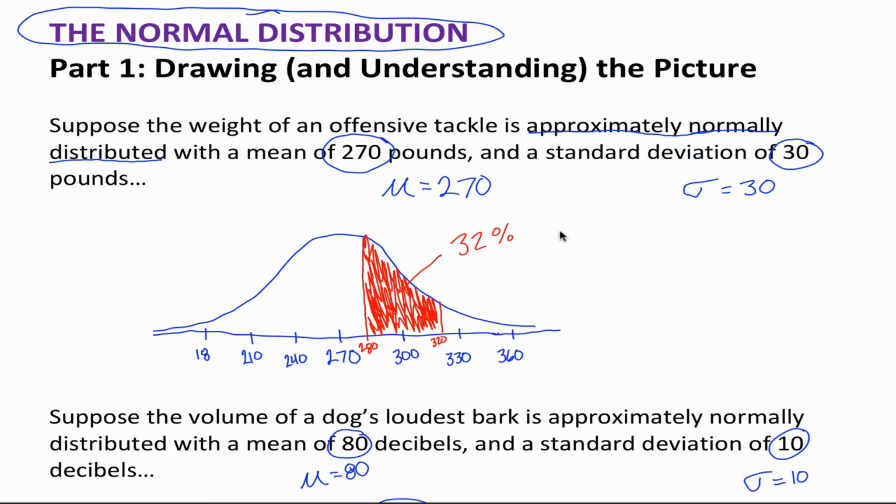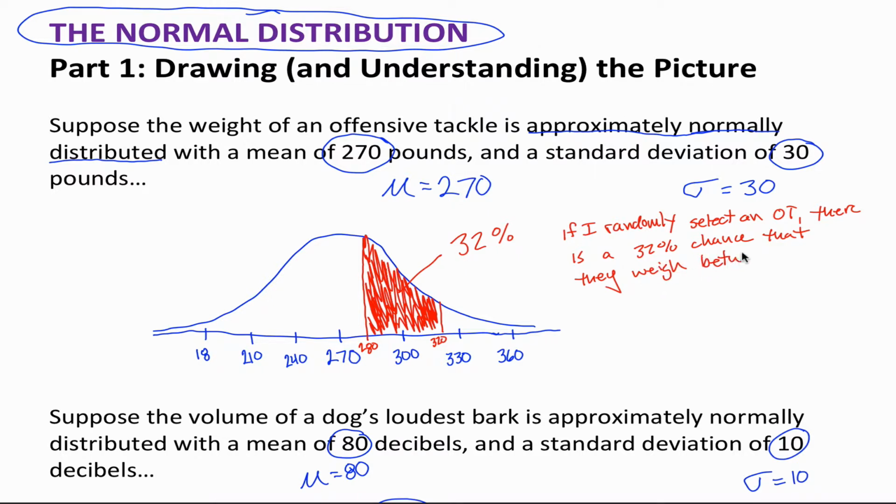The first one is, if I randomly select an offensive tackle, OT because I'm lazy, there is a 32% chance that they weigh between 280 and 320 pounds.